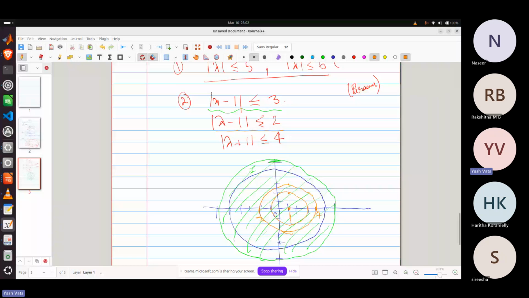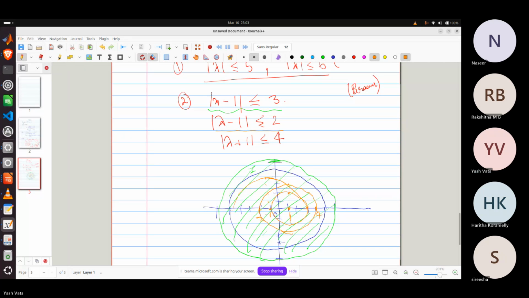And mod lambda plus 1 is less than equal to 4. So then minus 1 would be the center in this case. So here is the minus 1. Then you have 4. So 1, 2, 3, 4. 1, 2, 3, 4. So it's kind of this one.